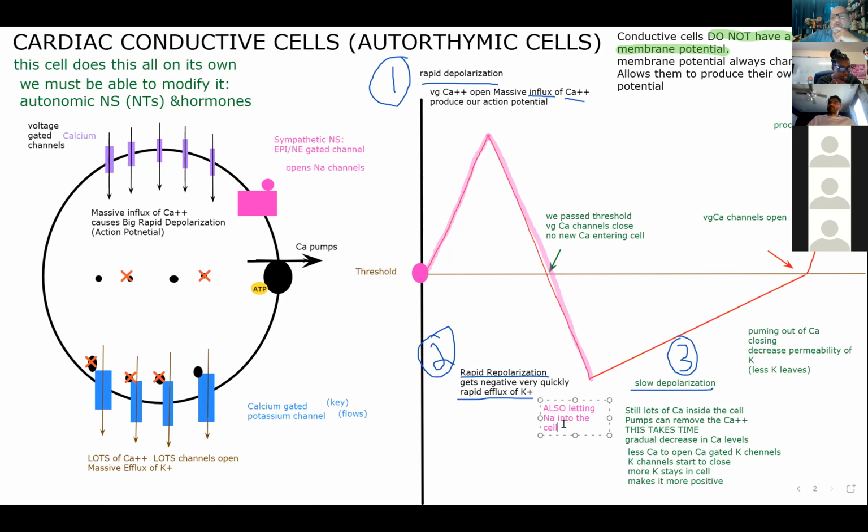And if I'm letting sodium into the cell, what effect is that going to have on the cell? Making it more positive. Excellent. It depolarizes the cell. And if it depolarizes the cell, am I going to reach threshold faster, slower, or at the same rate that I would have before? Faster.